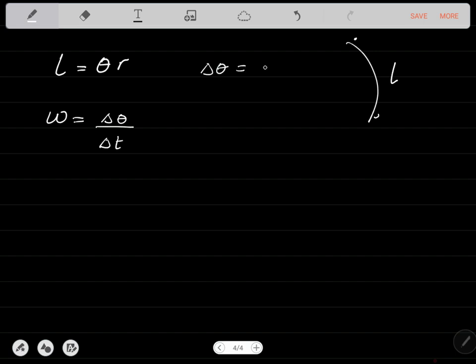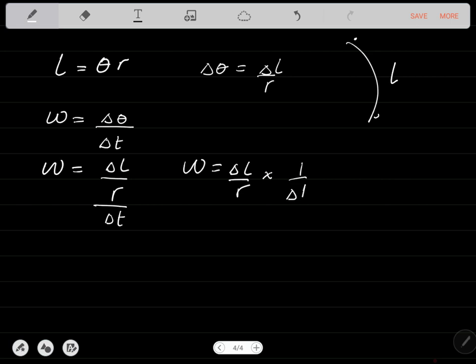We said this is just L over R. So if I replace this one with change in L over R, but I'm dividing again by the change in T, what do we get? We get change in L over R multiplied by 1 over change in T.